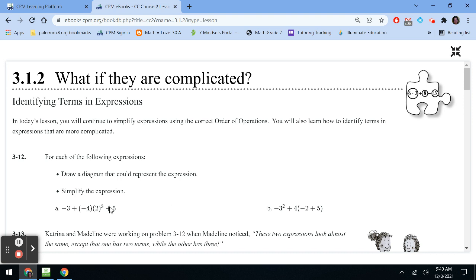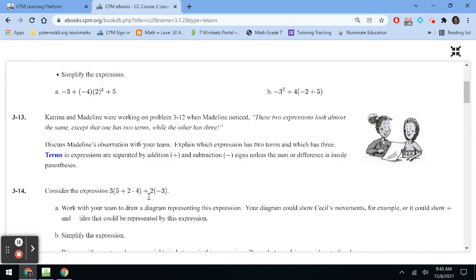So 312 says, for each of the following expressions, draw a diagram that could represent the expression, and then simplify the expression. So those two expressions are the opposite of 3 plus the opposite of 4 groups of 2 to the third power plus 5. So again, we're not at a great spot to draw this out as a diagram with integer tiles.